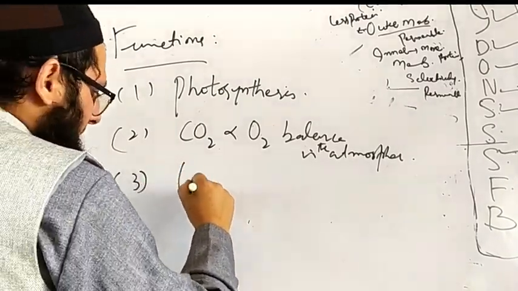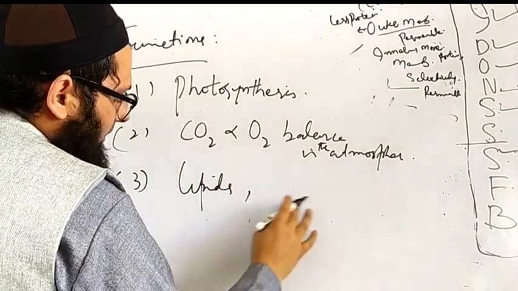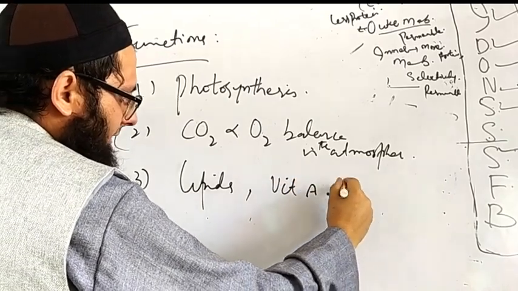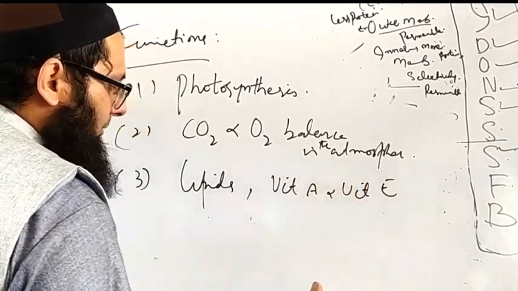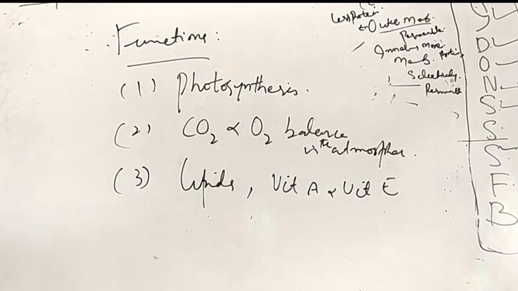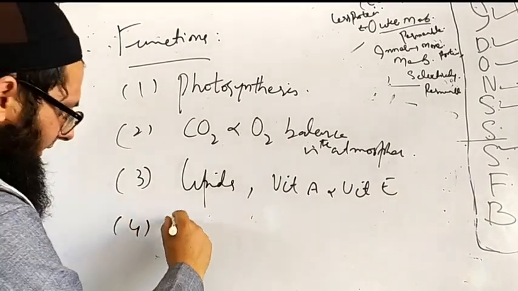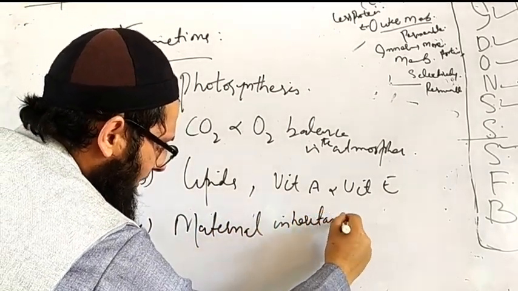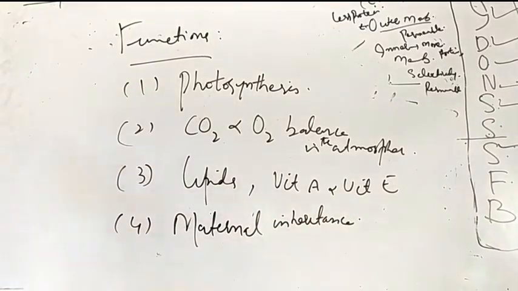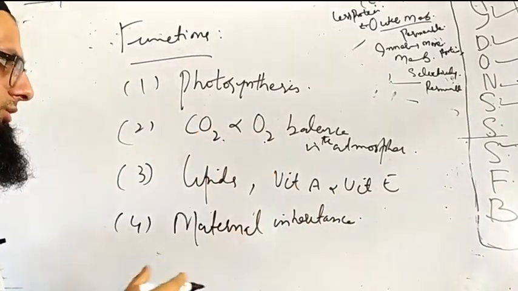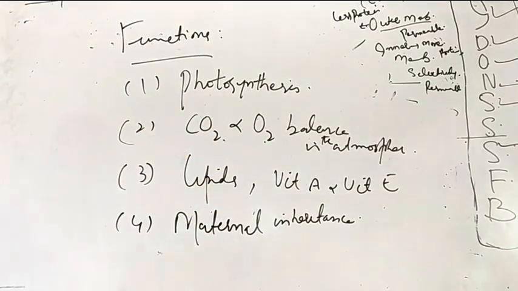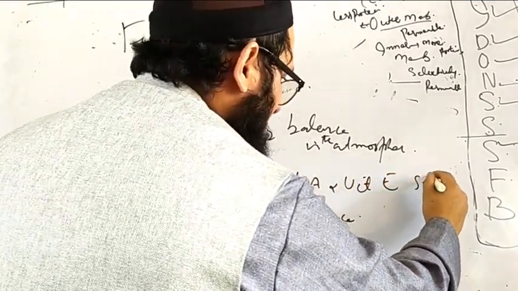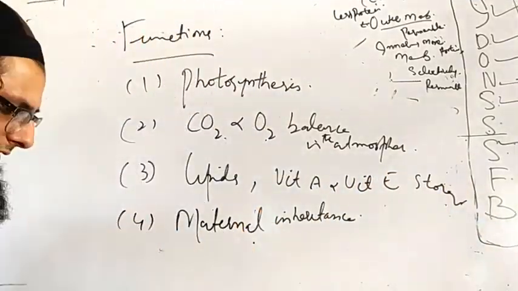Third, it also stores some lipids, vitamin A and vitamin E, as far as the plastoglobuli are concerned. The fourth one is maternal inheritance.